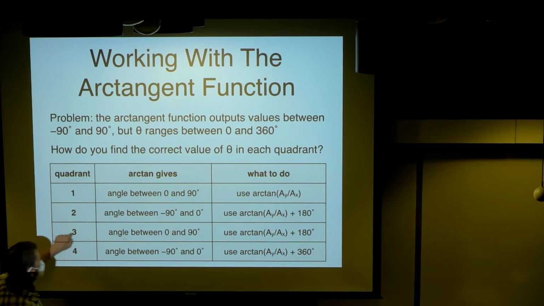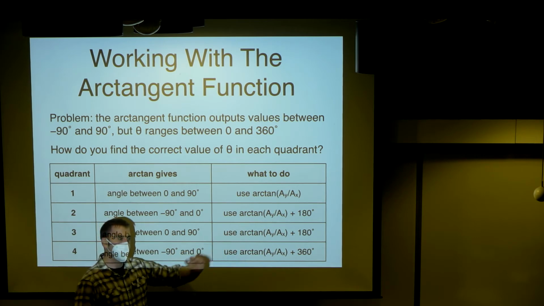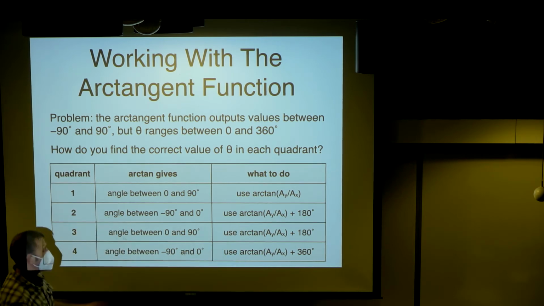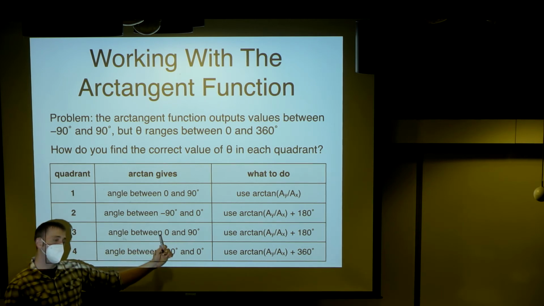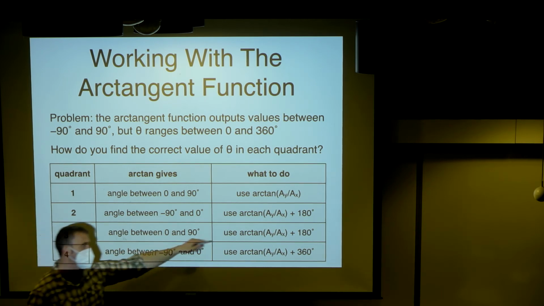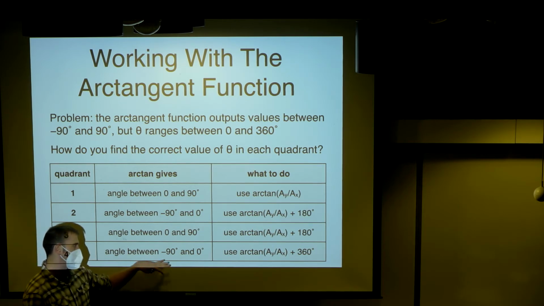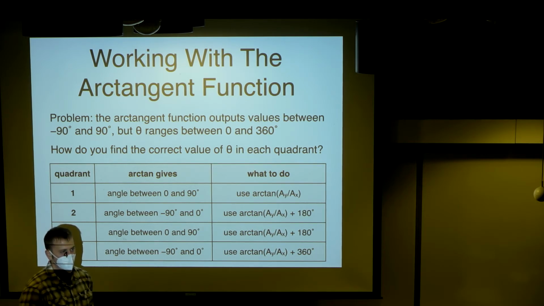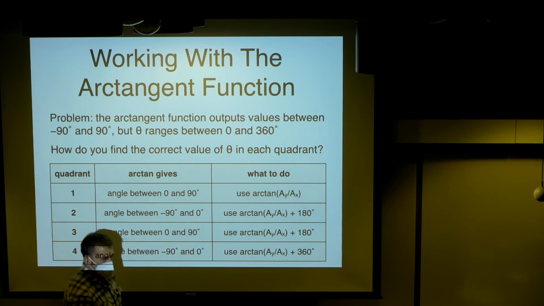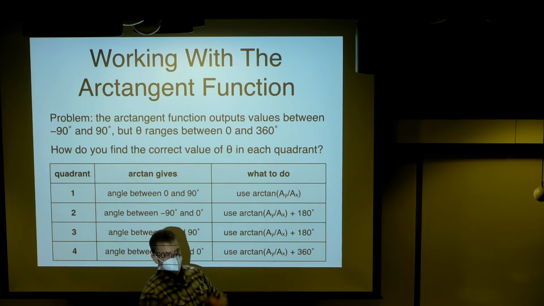It's actually the same correction if you're in the third quadrant, you just add 180. If you think about what arctangent spits out, it ends up between 0 and 90, but the correction you do is you add 180, okay? And then finally, if you're in the fourth quadrant, once again, arctangent is going to give you something between minus 90 and 0, if you plug it in. And the way to correct that one is to add 360, okay?